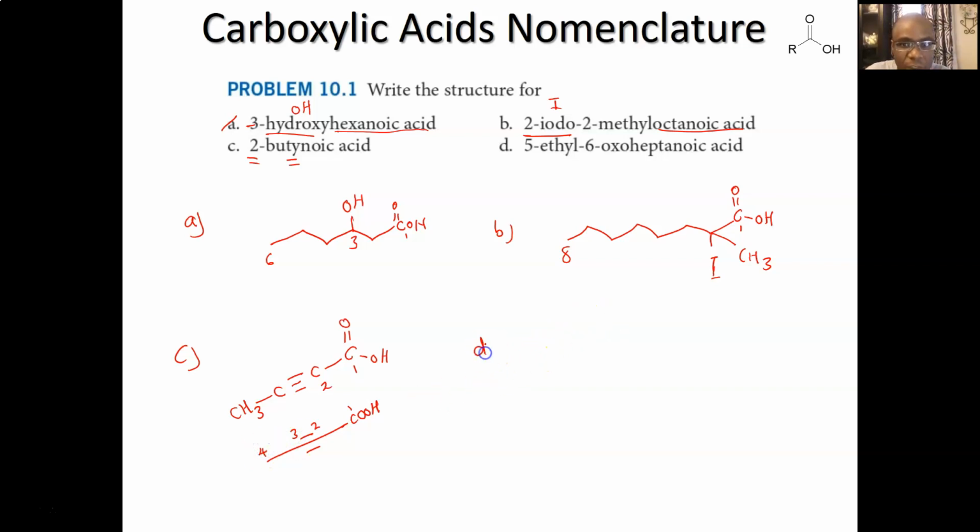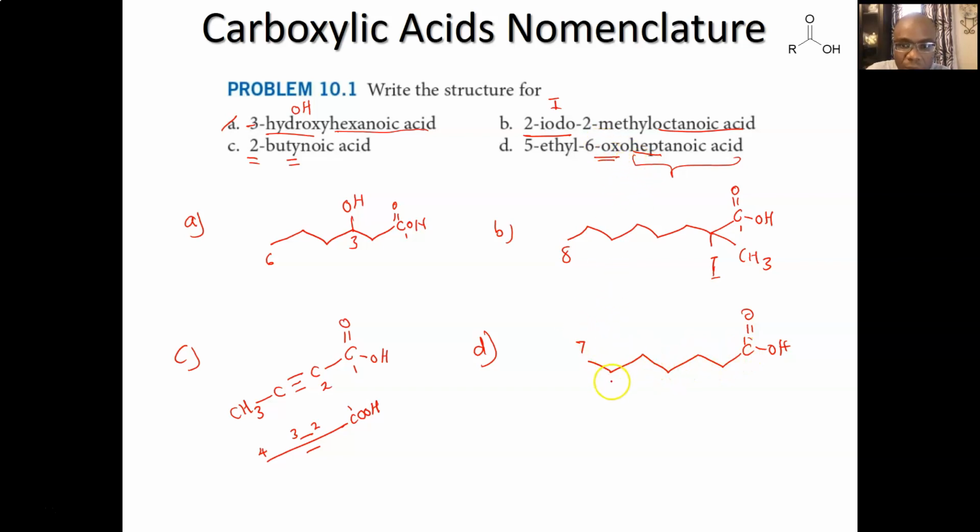And then D, 5-ethyl-6-oxoheptanoic acid. So looks like we have a carbonyl somewhere in the longest chain. But anyway, we have 7 carbons. So I'm gonna put my first carbon there, 2, 3, 4, 5, 6, 7. And then hept means 7, that's why I put 7 carbons. So this is carbon 1, 2, 3, 4, 5, 6.